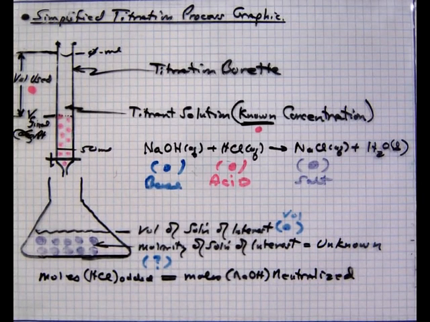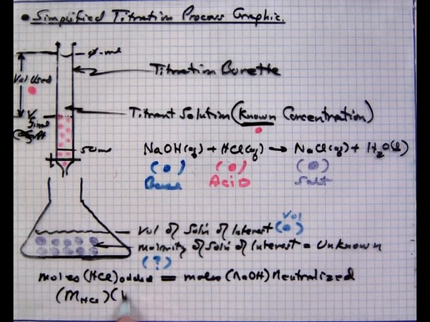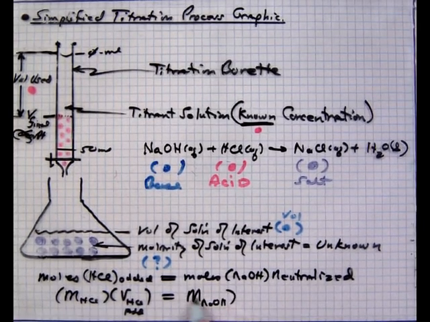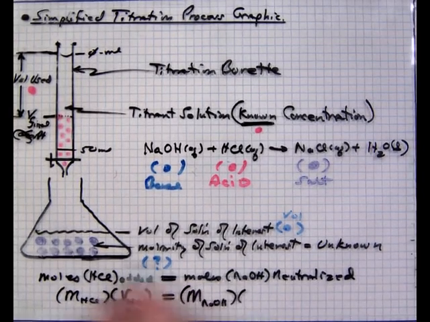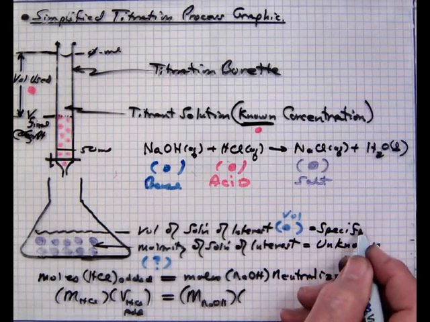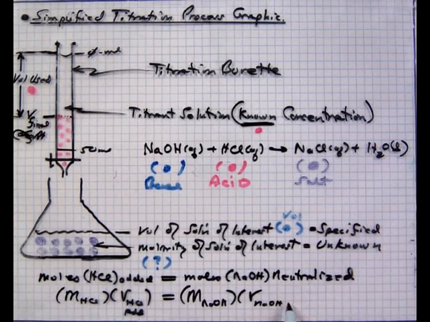Now, using the relationship that I showed you a moment ago, that moles is equal to molarity times volume, we have the molarity of HCl times the volume of HCl added is equal to the molarity of the sodium hydroxide times the specified volume of the sodium hydroxide solution.